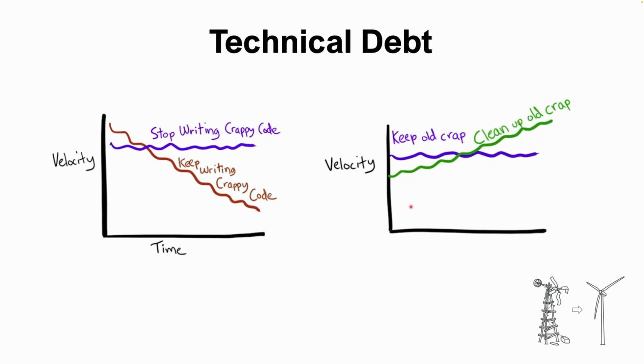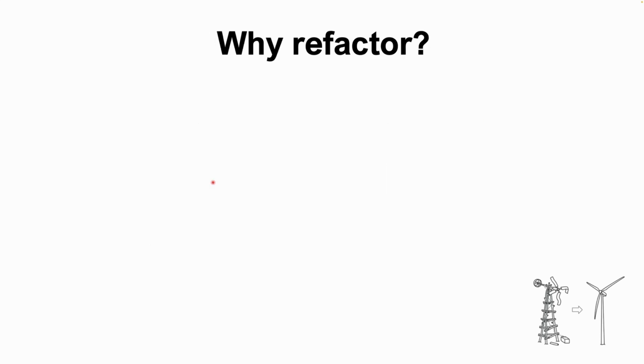And if we clean up the old crap, meaning we refactor it, we apply some design patterns, we loosen the coupling, and so on and so forth, we can raise the velocity with which we program. So this might be a good approach, that we actually clean up some old crap, which is the opposite of the other illustration. So why should we refactor in the first place?